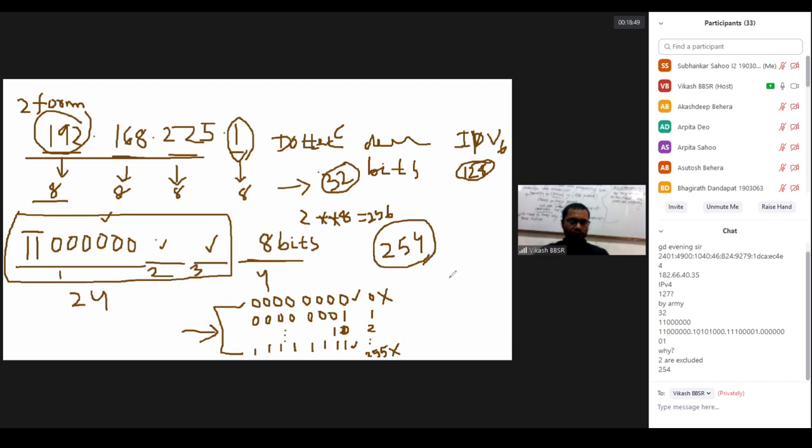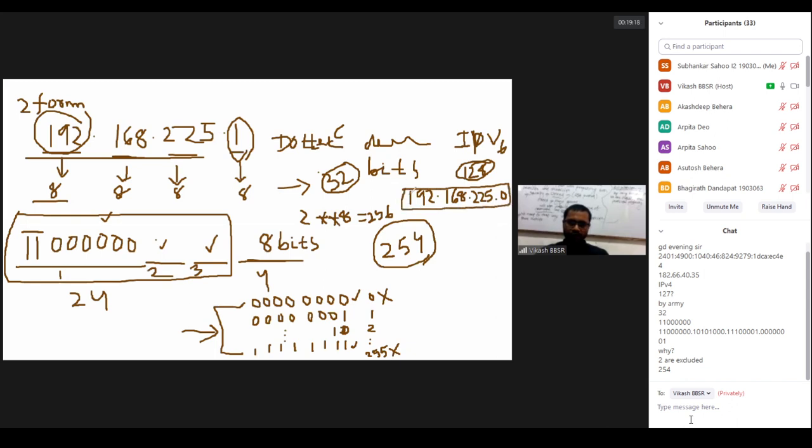Suppose one person purchases an address that starts with 192. Its IP address is 192.168.225.0. It is called the mask address or network IP address. That person or organization purchased this one.